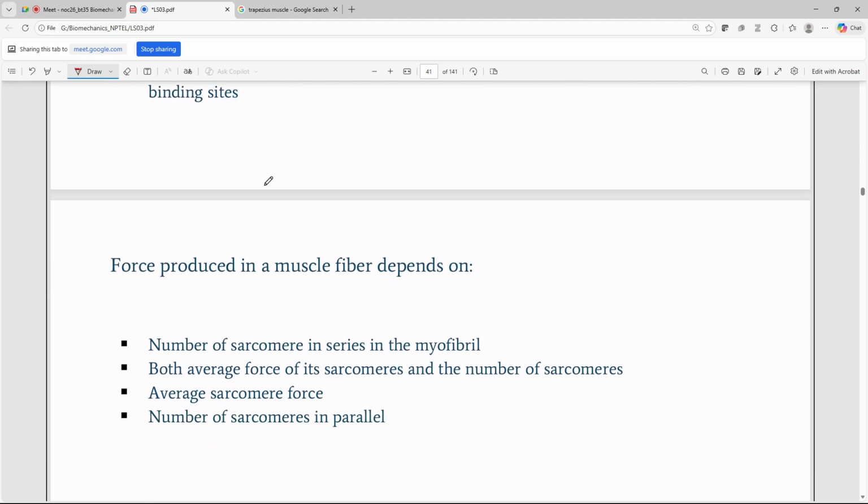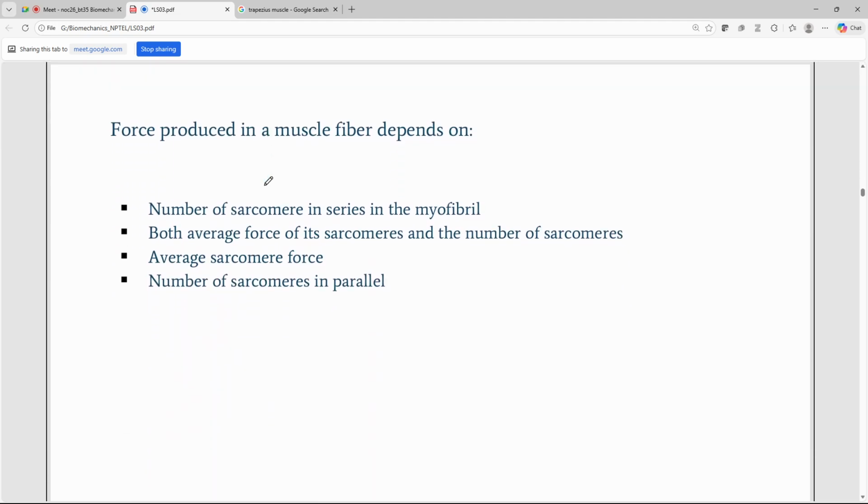Next question. Force produced in a muscle fiber depends on which of the following. Options are the number of sarcomeres in series in the myofibril, both average force of its sarcomeres and number of sarcomeres. Next option, average sarcomere force. Next one, number of sarcomeres in parallel.